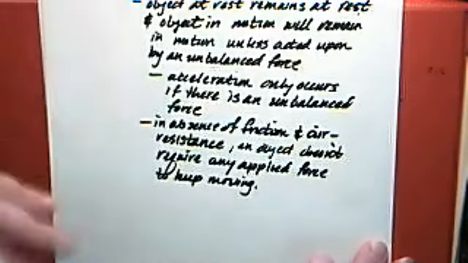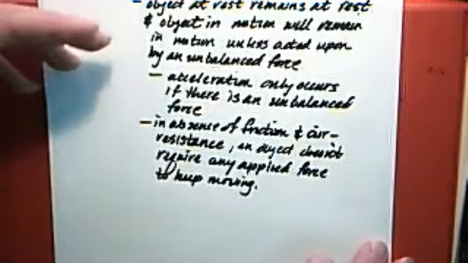So we're talking about situations like in outer space, where there's no atmosphere, no wind resistance, no gravity, and no friction. Once an object starts moving, it will keep moving at that speed basically forever, until it hits a planet or something.